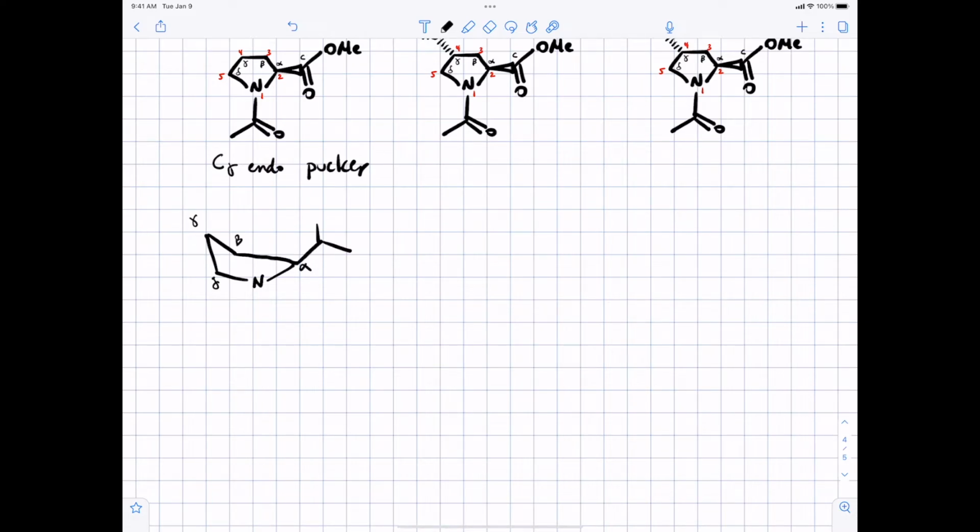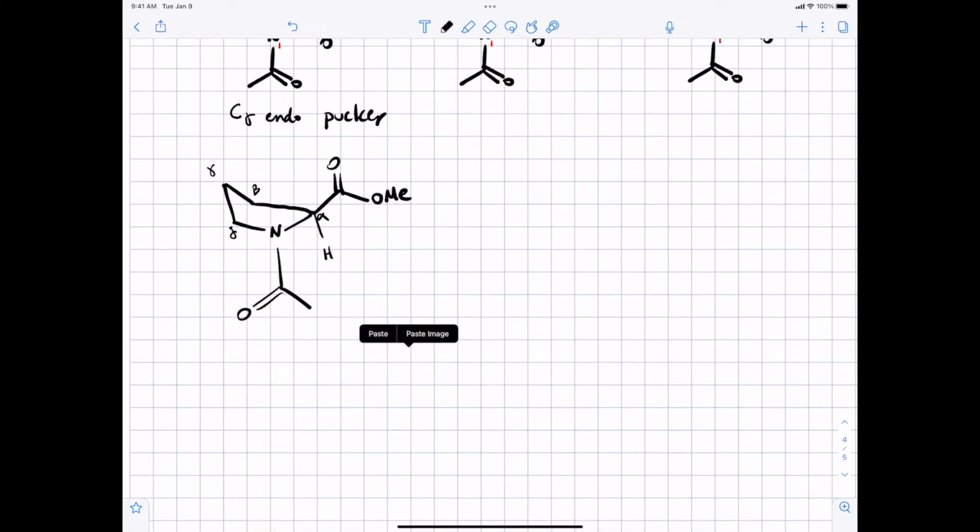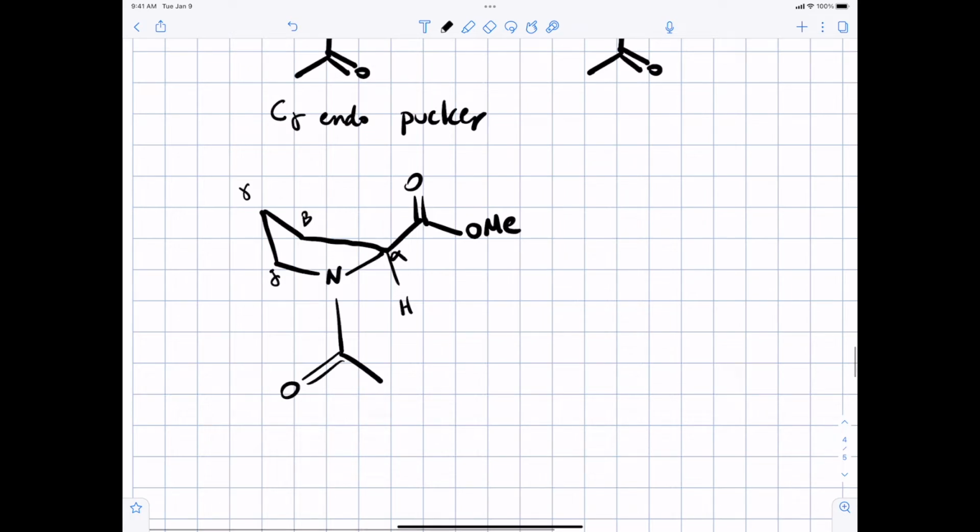You've got your amide group here, alpha proton, and then you've got the acetyl group. All right, so the C-gamma endo pucker is preferred for regular proline.